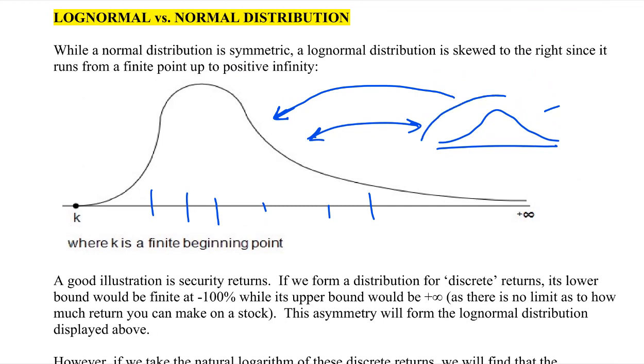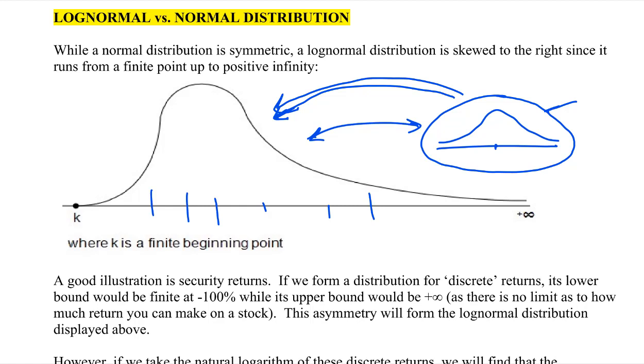If we're given the natural logarithm of that random variable, we just need to know what the mean and the standard deviation are of this symmetric or normal distribution. And equipped with that information, we can work backwards and actually plot out the discrete values for the random variable itself. So let's just use our stock return.